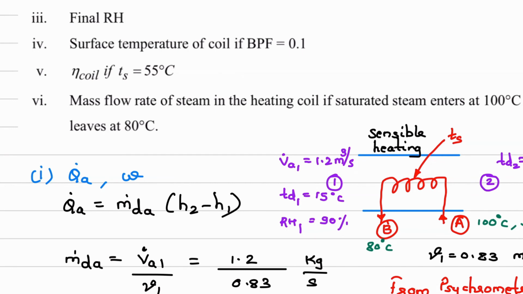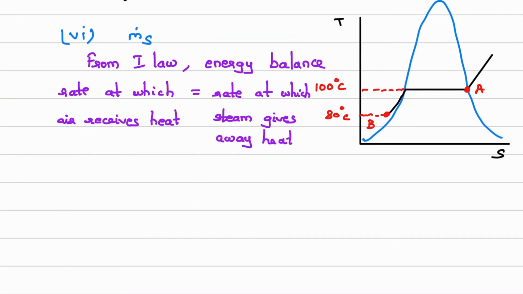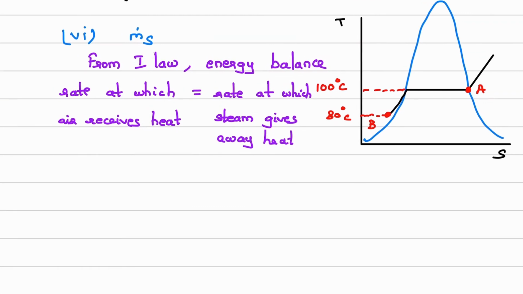So on left hand side, that Q dot A value will be 53.49, equal to, on right hand side, the rate at which steam gives away the heat. What is the rate over here? It will be mass of the steam, which we have to calculate. This has been asked in the question: what should be the rate of steam supplied, mass flow rate? So m dot S into enthalpy difference.